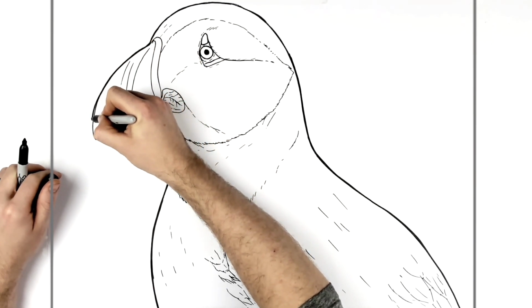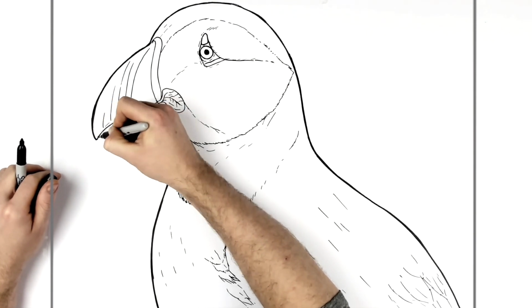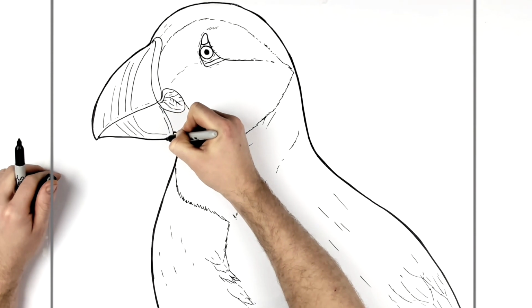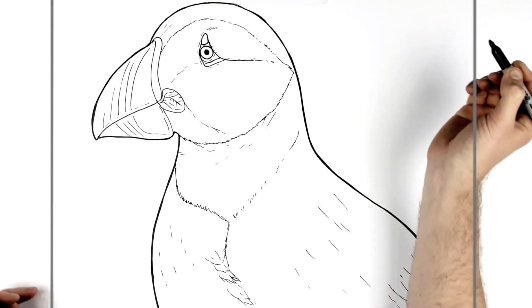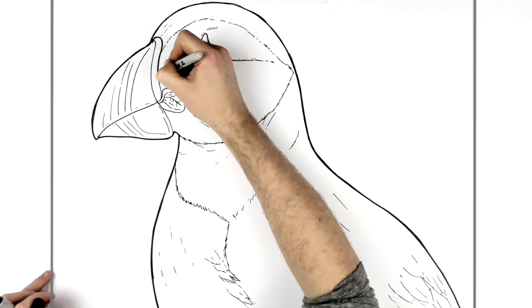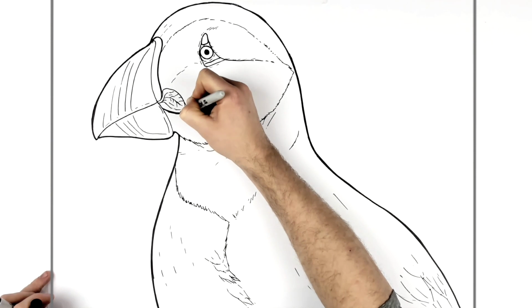It's an optional step. You don't have to do it, but sometimes I like to do it with the animals. Sometimes you can use it to add a shadow.